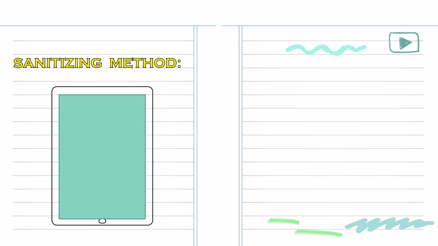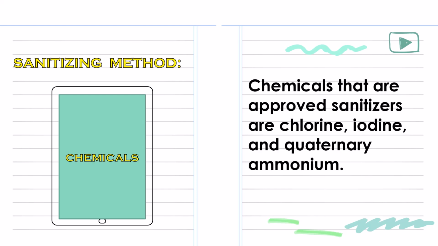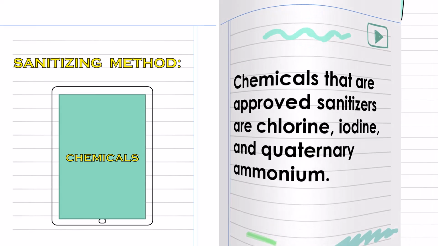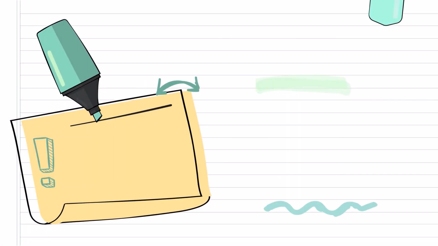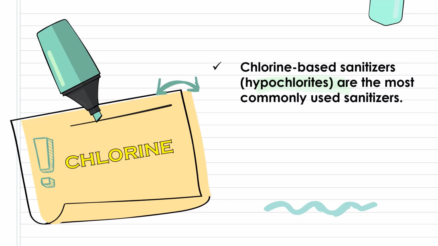Another sanitizing method is by using chemicals. Chemicals that are approved sanitizers are chlorine, iodine, and quaternary ammonium. Chlorine. Chlorine-based sanitizers or hypochlorites are the most commonly used sanitizers.